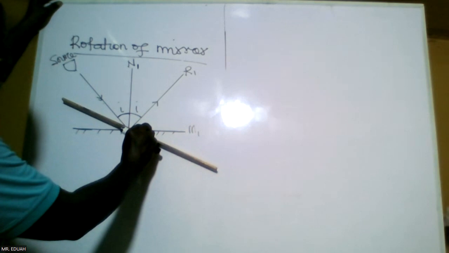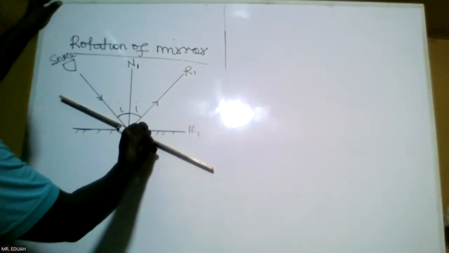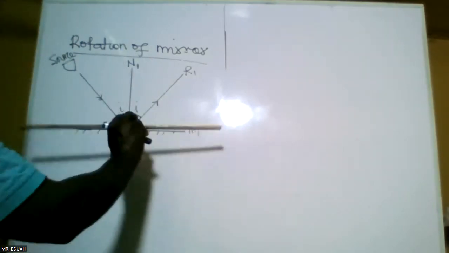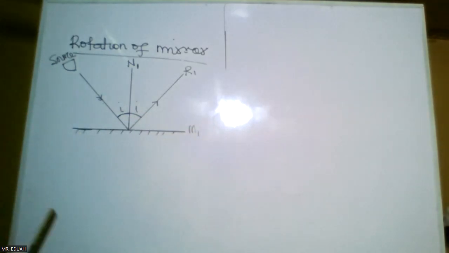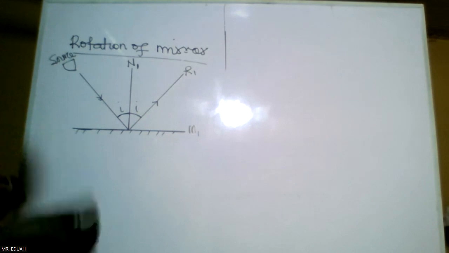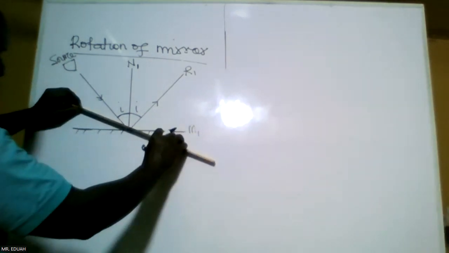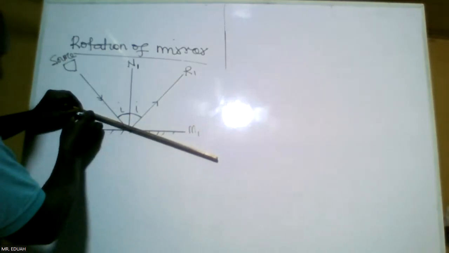Yes, sir. It will vary, because the normal must always be perpendicular to the surface. So when you rotate it through an angle theta, the normal position would also change. But how will it change? I'm rotating this through an angle theta.